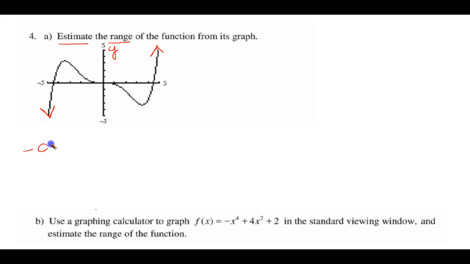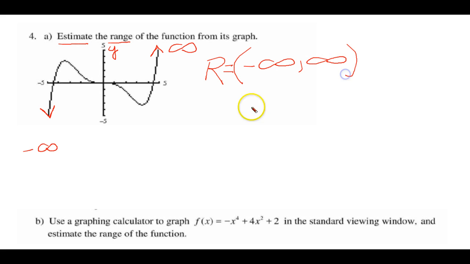Well, negative infinity. And where is this going here? Positive infinity. So putting the range in interval notation, it's coming from negative infinity and going to positive infinity. And throughout these lectures, keep in mind, if you have a question, just let me know.